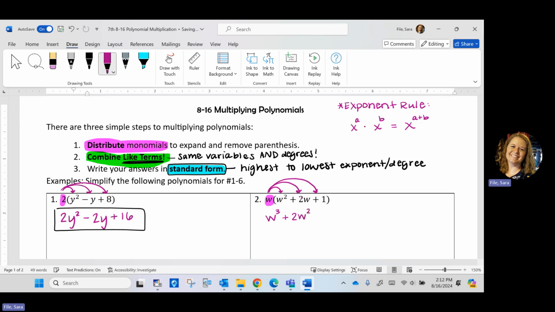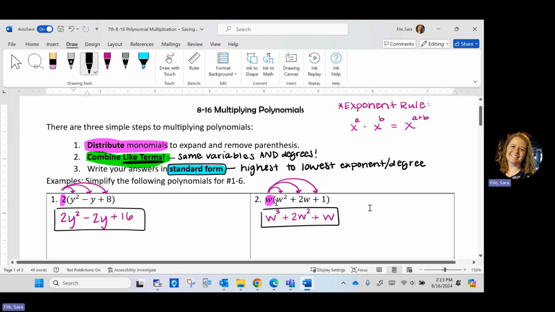Good. The coefficient stayed the same because there was no coefficient here. And then w times w is w squared. And w times 1 is just w. Any like terms to combine? Nada. They all have a different exponent. Is it in standard form? The highest exponent to lowest? It is. We're done. That's your answer for number 2.